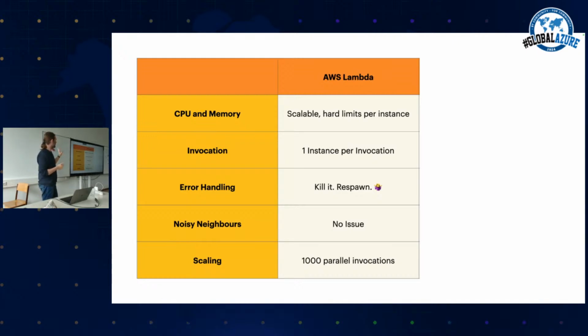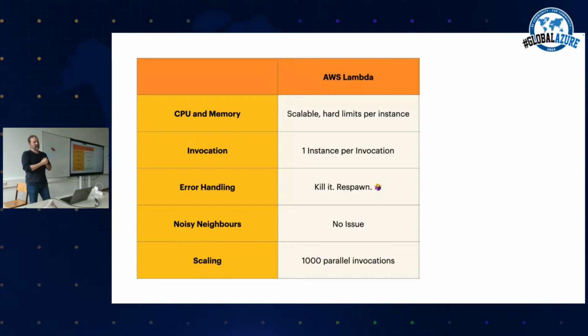One thing that is interesting about AWS Lambda, which was odd at first but very beneficial to us, is that you get one Lambda instance per invocation. If you have a second invocation, a second function call, you get a second Lambda instance. Since they are so small and disappear after execution again, AWS Lambda can guarantee that.